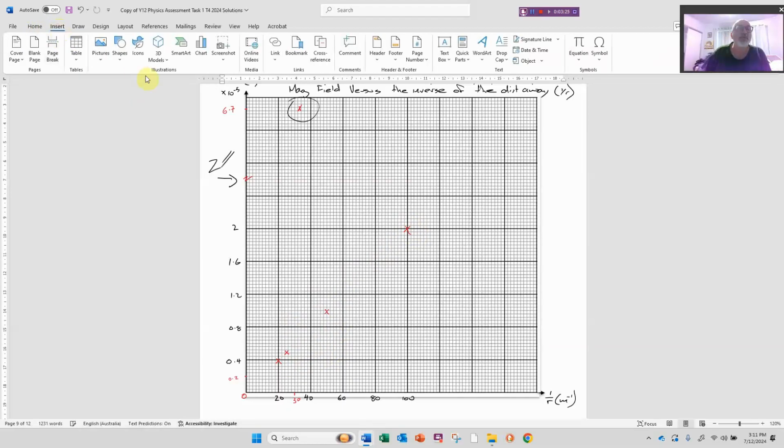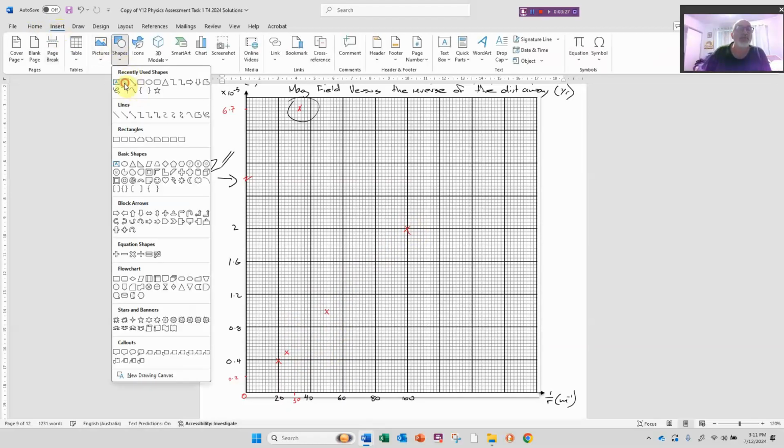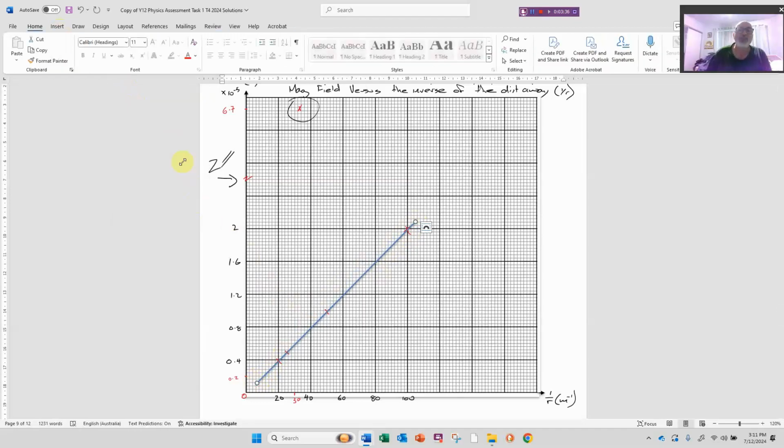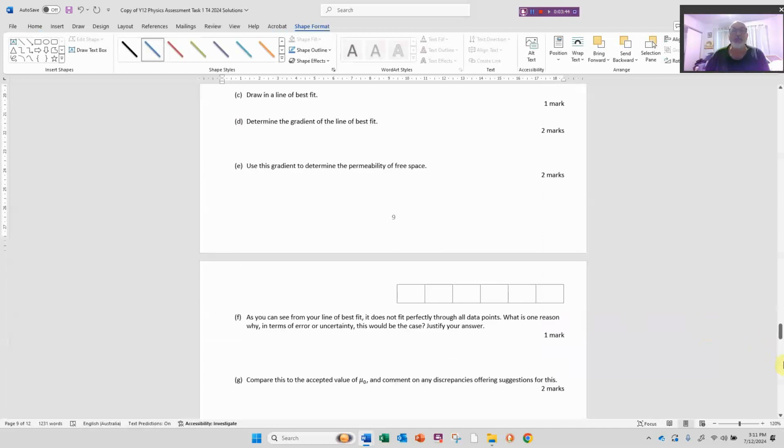So we'll see how I go with this one. Line of best fit sort of goes something like that, just pretty straight, provided we ignore this outlier, because that outlier we need to comment on and say, well, that's a mistake.